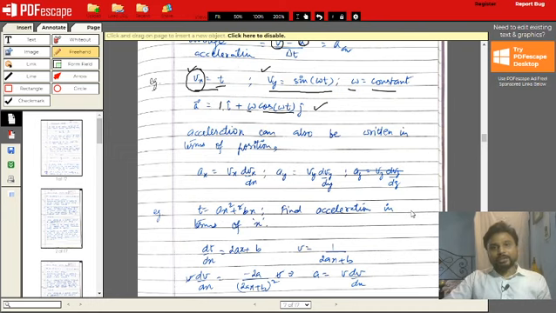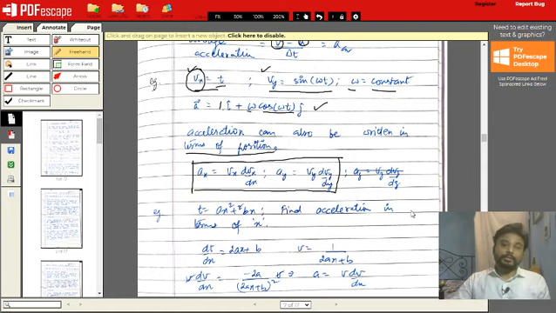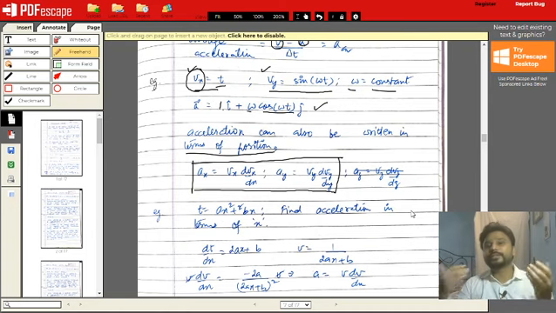The acceleration can also be written in terms of the position of the particle. One good way of finding the acceleration is to remember these expressions. These expressions are very important when the velocity or the acceleration of the particle is non-uniform and the acceleration is expressed in terms of x.